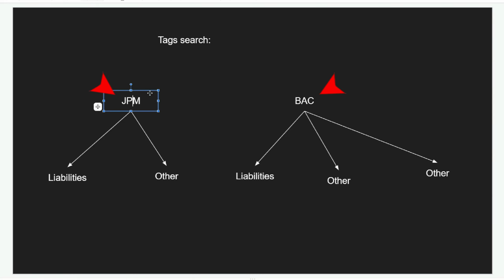Up until now, the search bar could only search for objects through individual tags, and I was too lazy to record it, but I added a feature that can search a tree of objects. This is what it looks like. If I've got two stocks, each with a liabilities container, I want it to be able to find a specific one by searching the tag of the specific stock and also the liabilities tag.